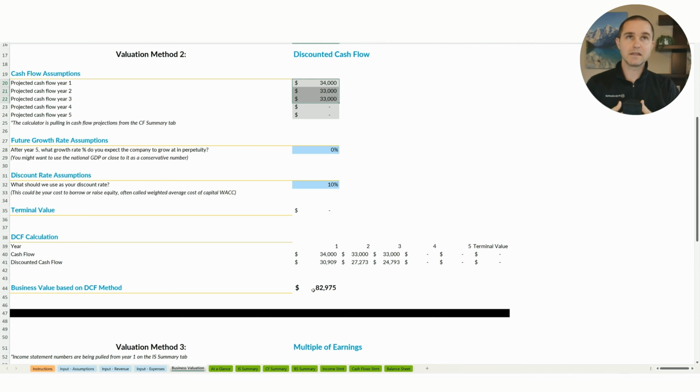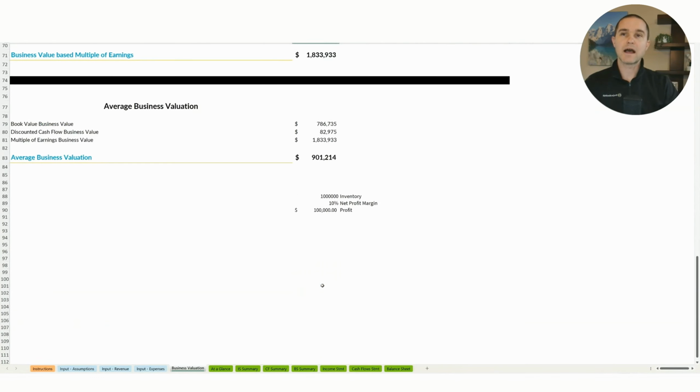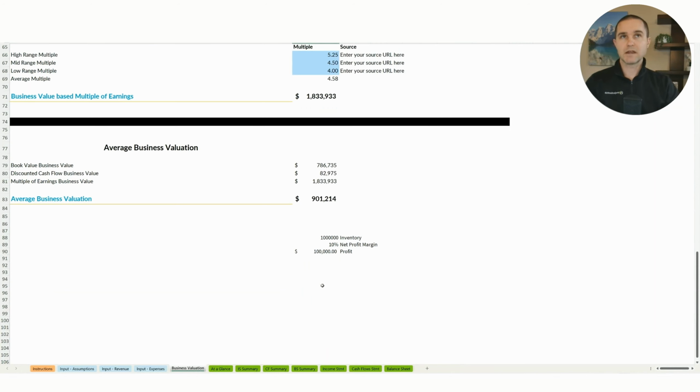Now, the reality is, if you're buying this business and you need inventory, you are going to have to pay something for the inventory, right? So again, what I would typically do is apply the normal industry standard cost of goods sold to that inventory.